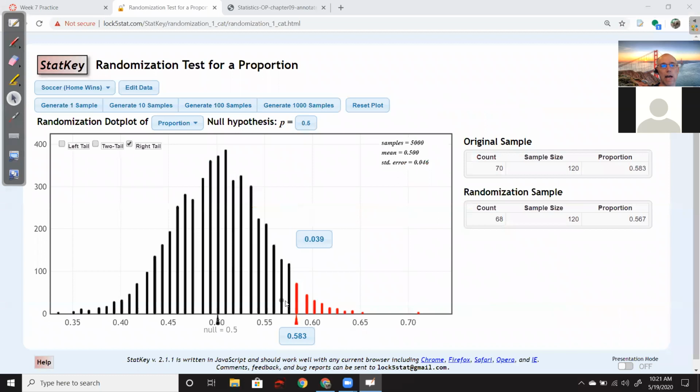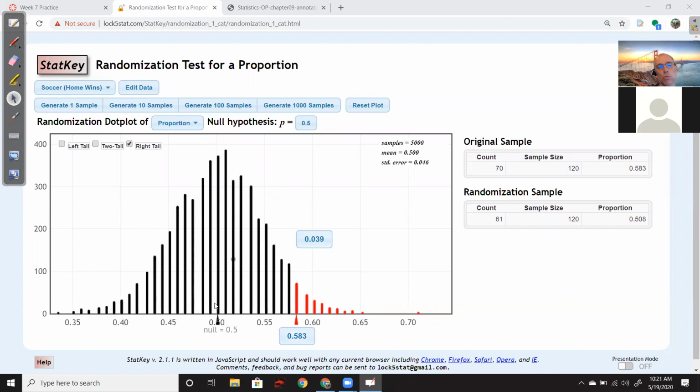So again, in StatKey, I have to make sure I have the right null, which was 50%. Then I take my sample proportion, the 0.583, and I plug that in on the x-axis. Then the resulting number up here is the probability that the percent of other samples had a higher home team win percentage than 58.3.